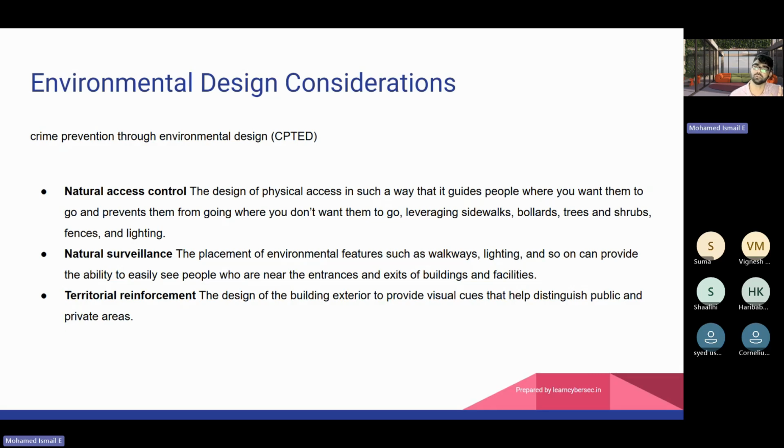Clearly you can distinguish, because the signboard or a starting point and ending point is clearly mentioned. This is a restricted area, you shouldn't enter. This is your private area where you can go and have something at a hotel or whatever premises next to the airport. So clear signboards, clear visible things.